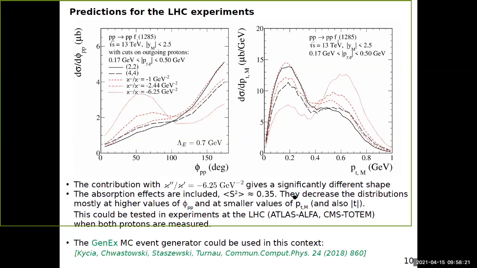And the absorption is very important, it is crucial. It decreases the cross-section, the distribution, mostly at higher values of phi and at smaller values of pT, the transverse momentum of the meson, and also t. This could be tested in experiments when both protons are measured.